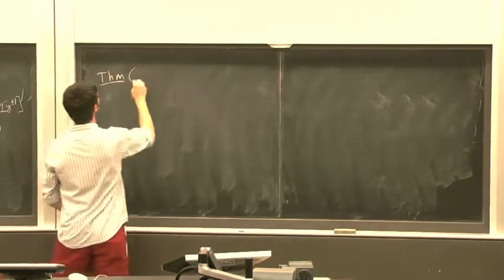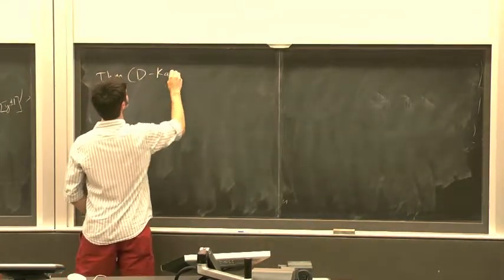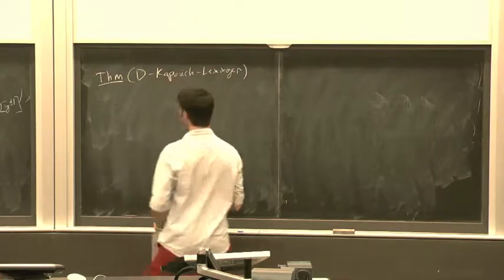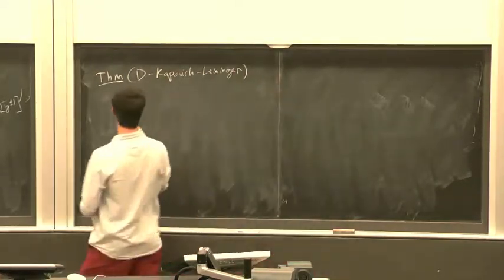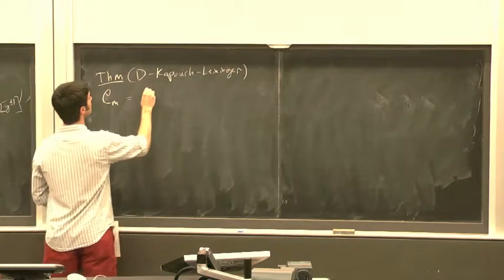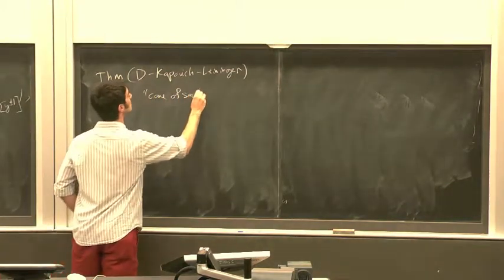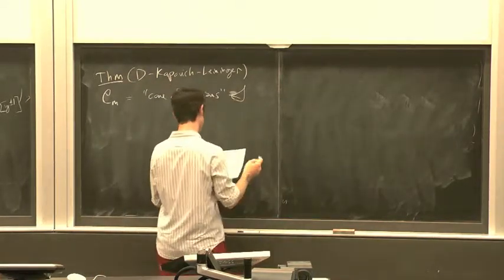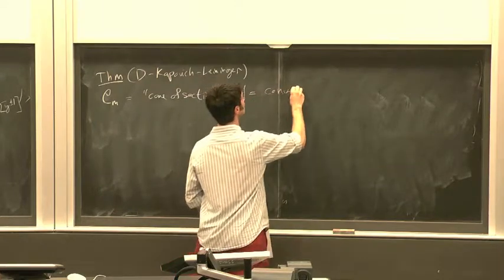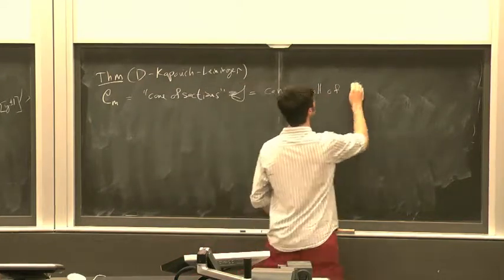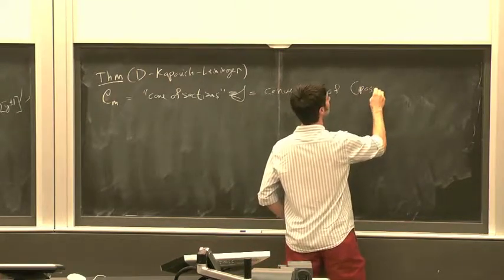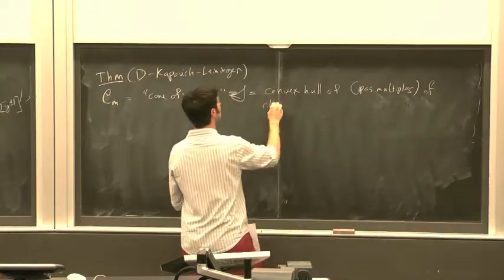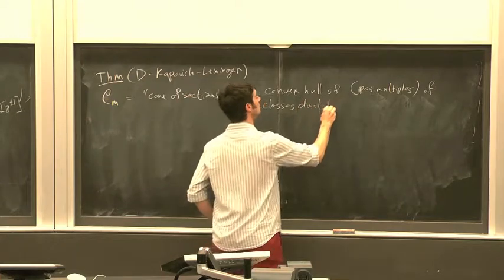Okay, so again, this is joint work with Dowdall, Kapovich and Leininger. And the first result is the following: this cone that you get is the cone of sections, which I'll call fancy S. That's just the convex hull of positive multiples of classes dual to sections.